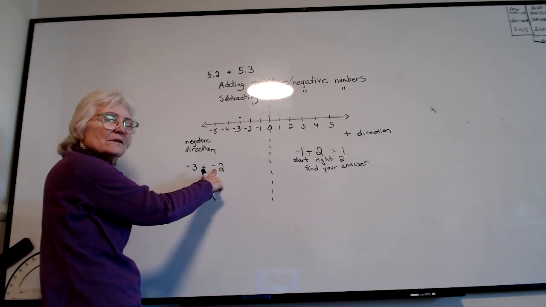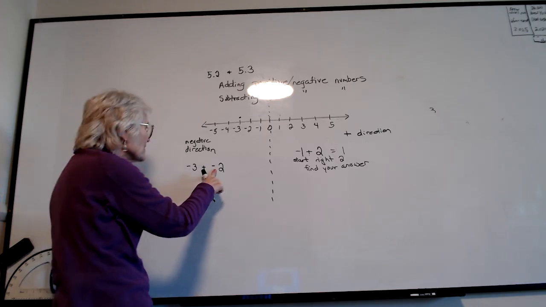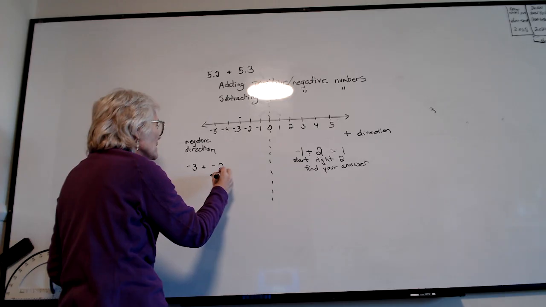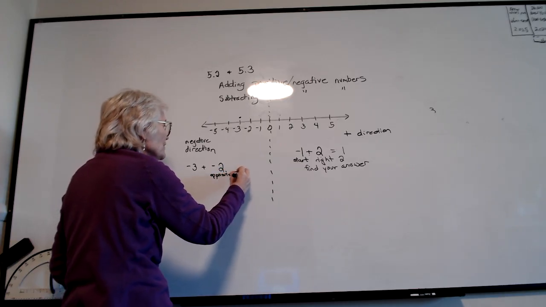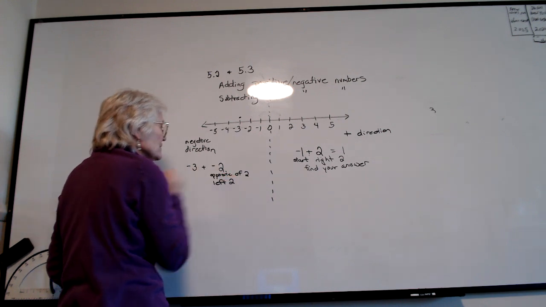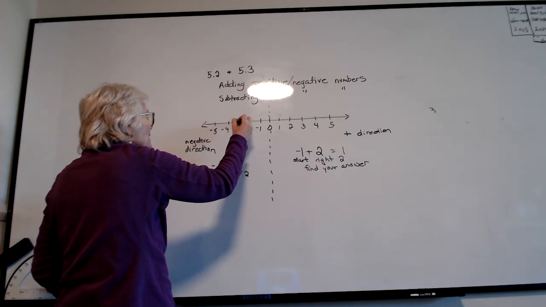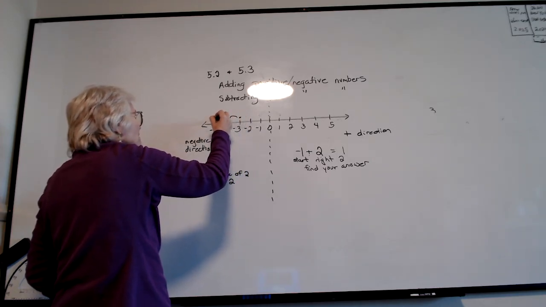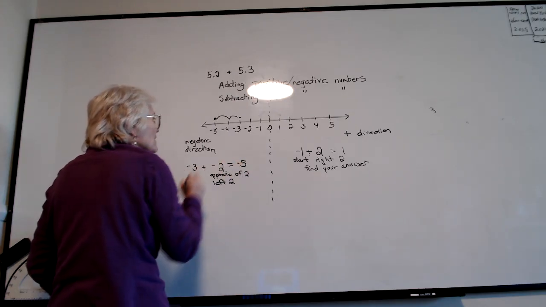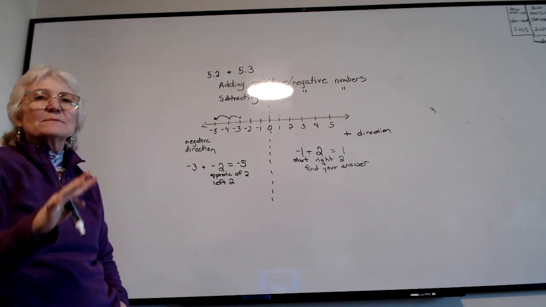The opposite direction of 2 would be to the left. So I start at -3, go to the left 2, and my answer is -5.